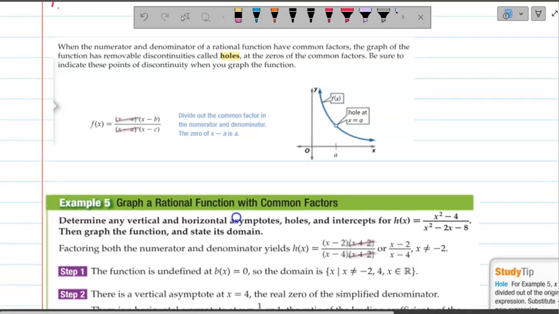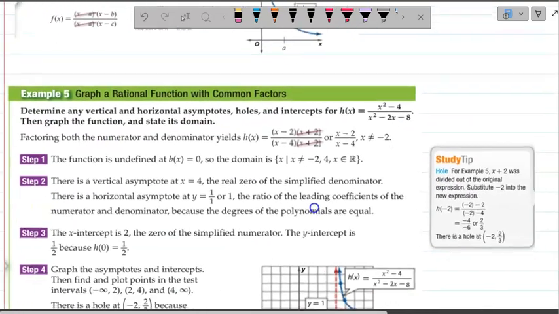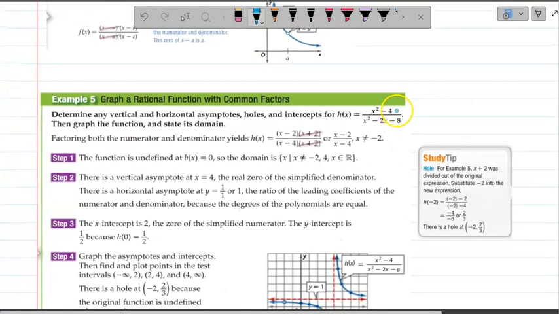You might remember that sometimes we don't have vertical asymptotes, we have holes. These are removable discontinuities. It happens because there's a factor in the numerator that will cancel out that factor causing the discontinuity in the denominator. For example, right here, if we factor the numerator, x squared minus 4 becomes x minus 2 times x plus 2.